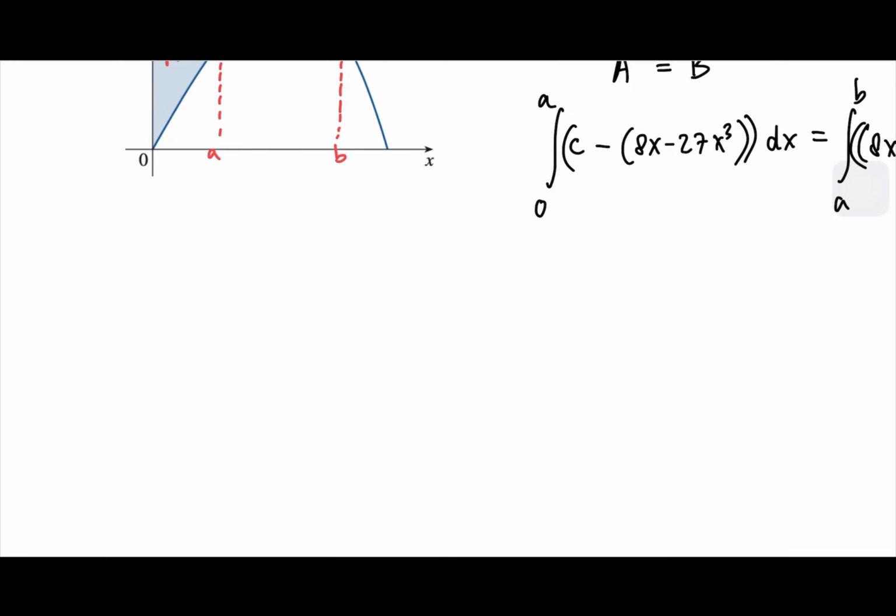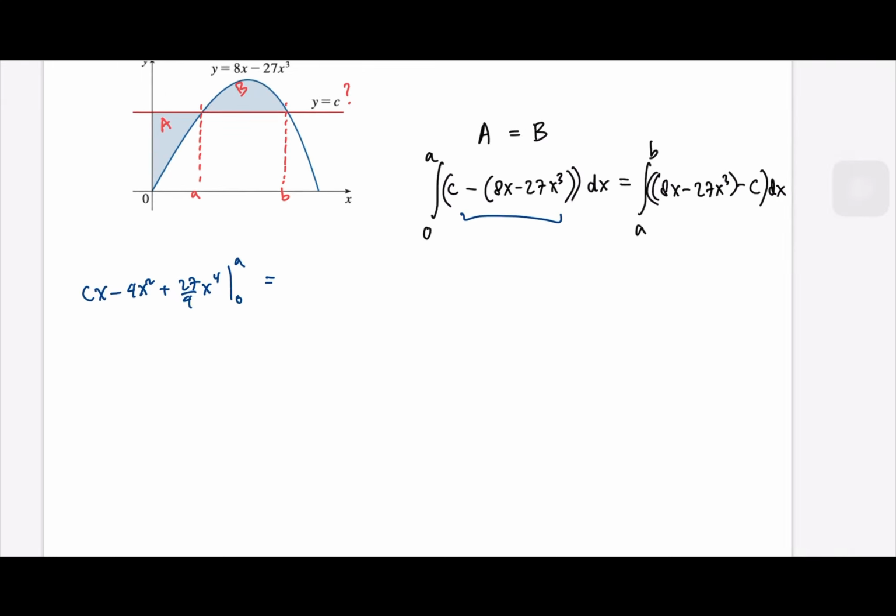So first, if we look at this integration, we can integrate easily. cx minus 8 divided by 2, 4x squared, plus 27 over 4 x with power of 4, from 0 to a.